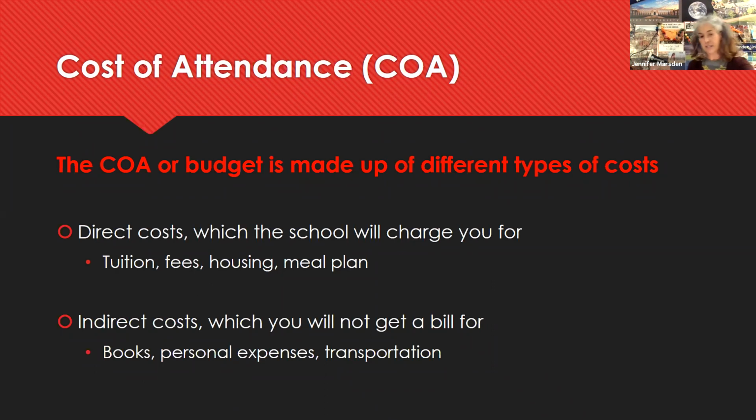These direct costs are costs that you're paying to the school. A lot of students don't live on campus housing, so those won't be direct costs. But again, some of the costs reflected in the average cost of attendance you'll see online for a college, or in a financial aid package, will be different for your student.